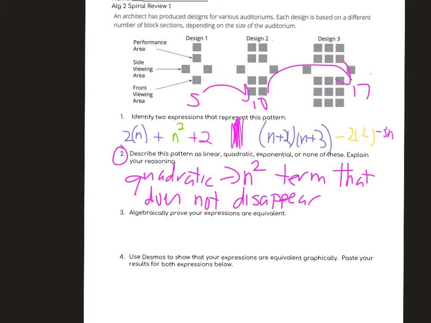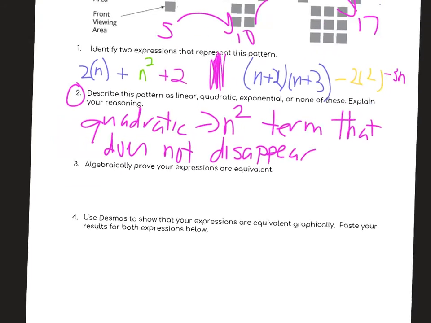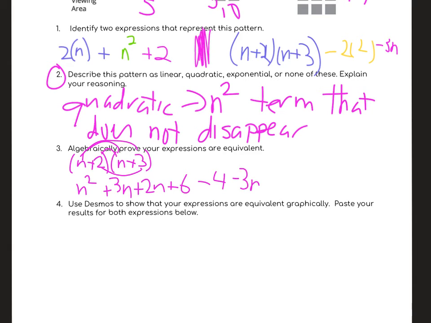Algebraically prove. So on the quiz, you have to come up with one expression; we'll come up with another one. Now we have to show that the thing on the left is the same as the thing on the right. So I'm going to multiply it out. n plus 2 times n plus 3 is n squared plus 3n plus 2n plus 6, and then minus 4 minus 3n.